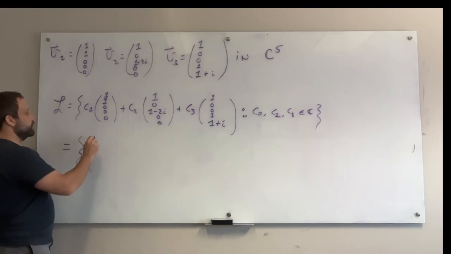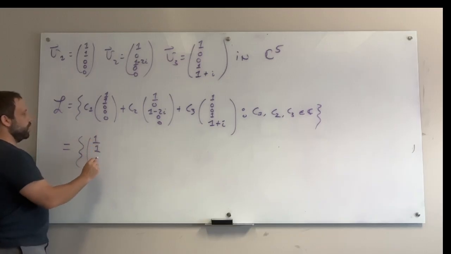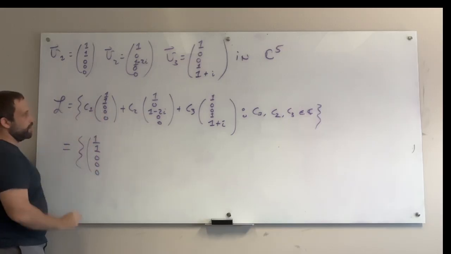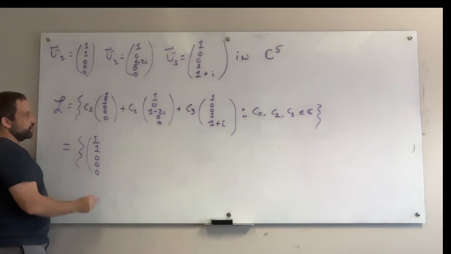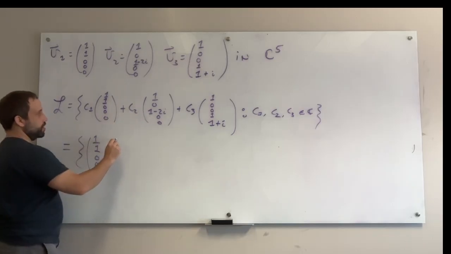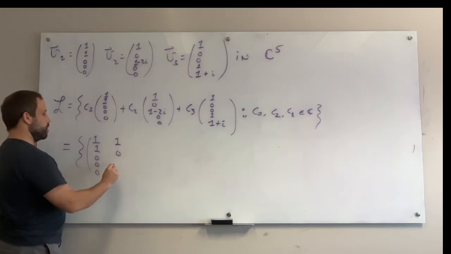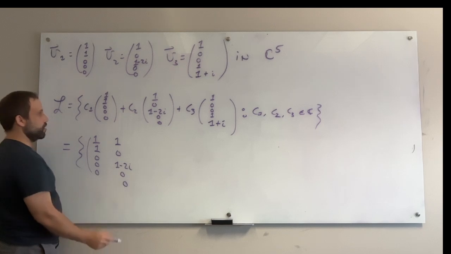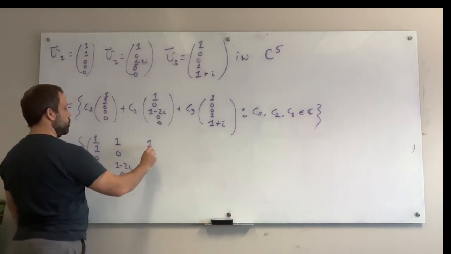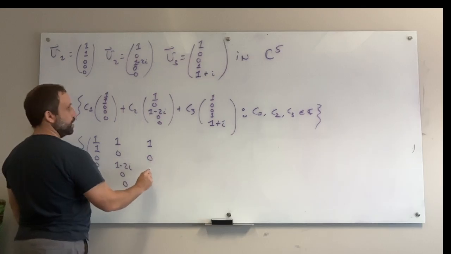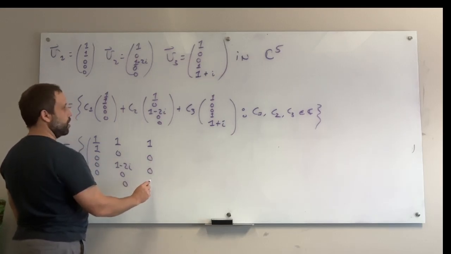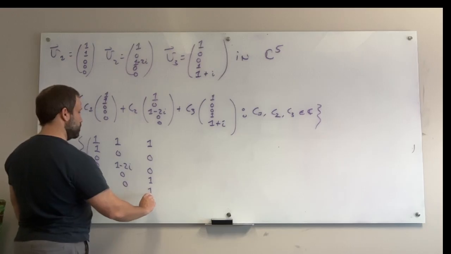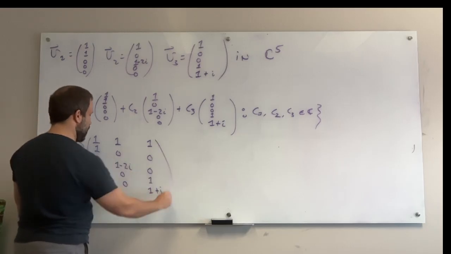Now again, we could write it like this, or we could write this in matrix form, which is the way that I like to write it. So 1, 1, 0, 0, 0. The first vector is the first column. The second vector is going to be 1, 0, 1 minus 2i, 0, 0. And then over here, we're going to get 1, 0, 0, 1, 1 plus i.